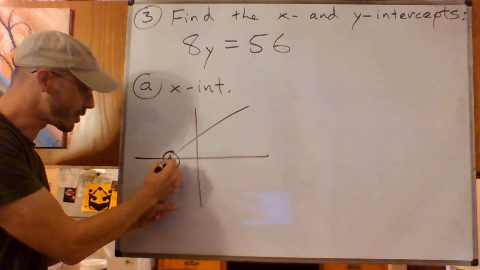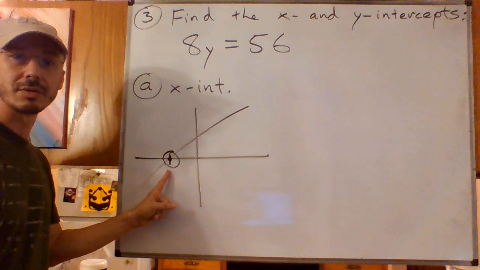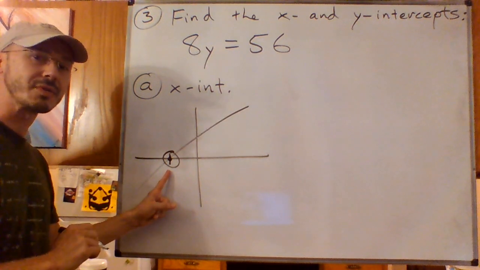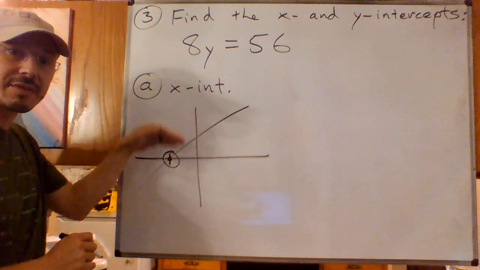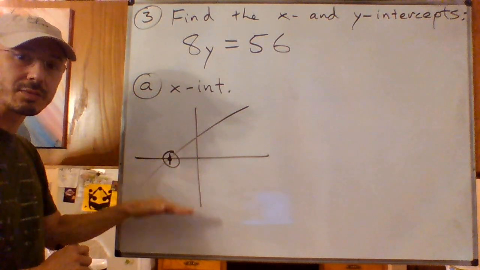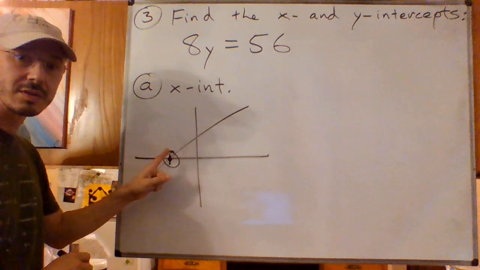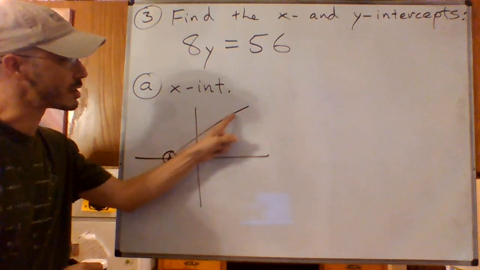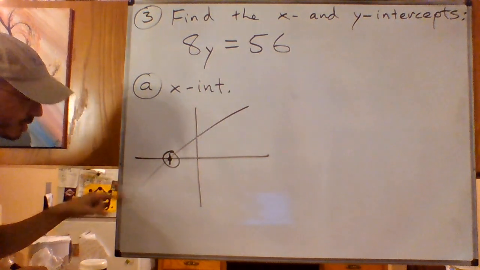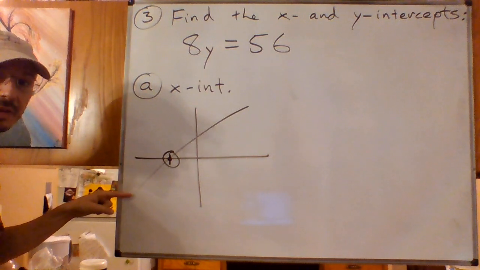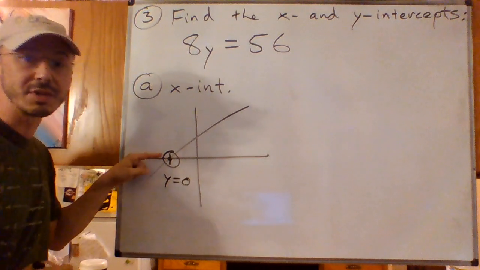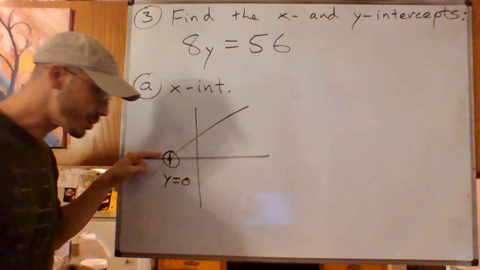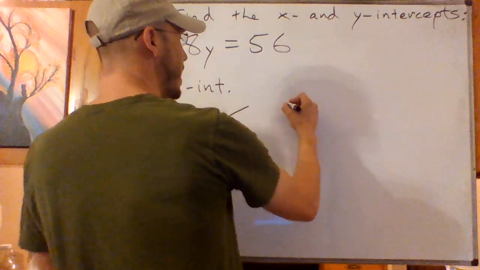So I'm really looking for that x value. Now what I use for that is the fact that up here the y values are positive, down here the y values are negative. Right there, the y value is equal to 0. And that's what I use to find the x-intercept.